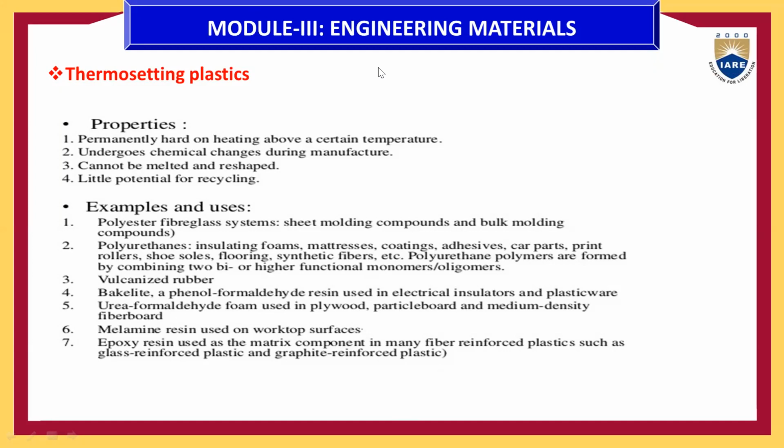But thermosetting is something that hardens and cannot change its shape after heating. Very good. Thermoplastics have weak van der Waals forces, so they break easily, and thermosettings usually have strong covalent bonds.